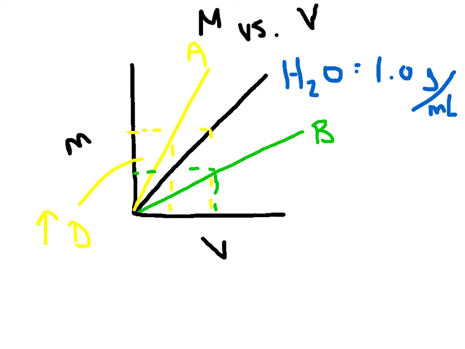So, same amount of mass, more space for substance B means that the density number goes down, and it is therefore less than 1. It is less than water. So this is an example of a density graph and how we would determine the amount of mass there is in a certain volume of a certain substance.